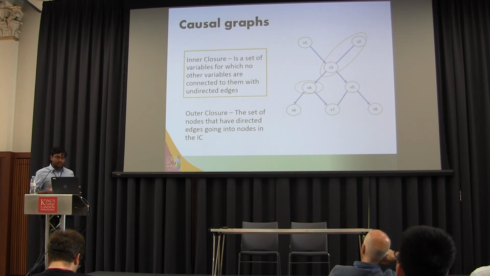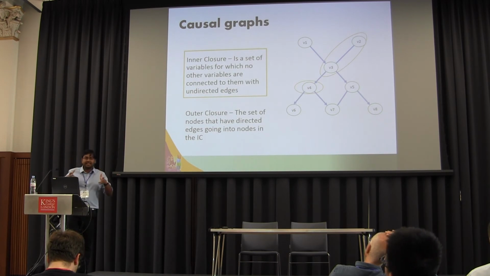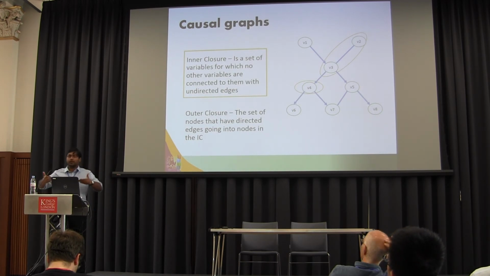For a given causal graph, an inner closure refers to a set of variables that are not connected to any other variable through an undirected graph. These basically represent a set of variables that get updated together, maybe by the same action. The outer closure refers to those variables which appear in preconditions for the actions related to these inner closure variables.